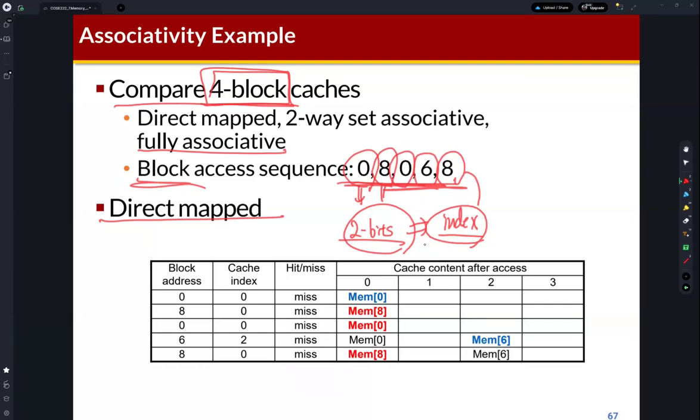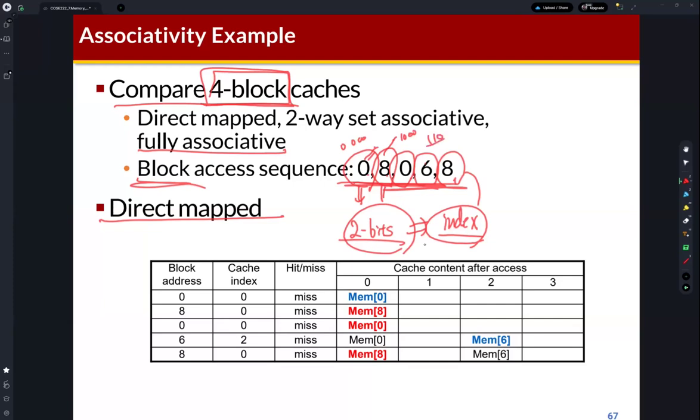If you see the last 2 bits of these block addresses, 8 is 1000. What is 6? 6 is 110, right?